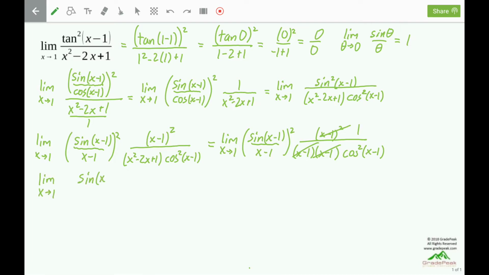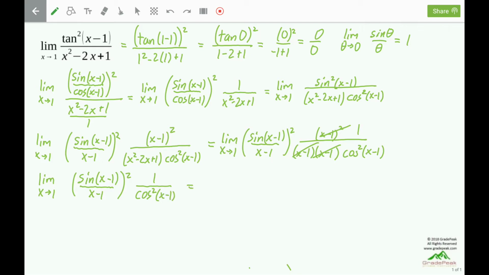I'm just going to rewrite exactly what I have before I work out the overall limit. I have a 1 left in the numerator of the other fraction, and it's over cosine squared of (x minus 1).